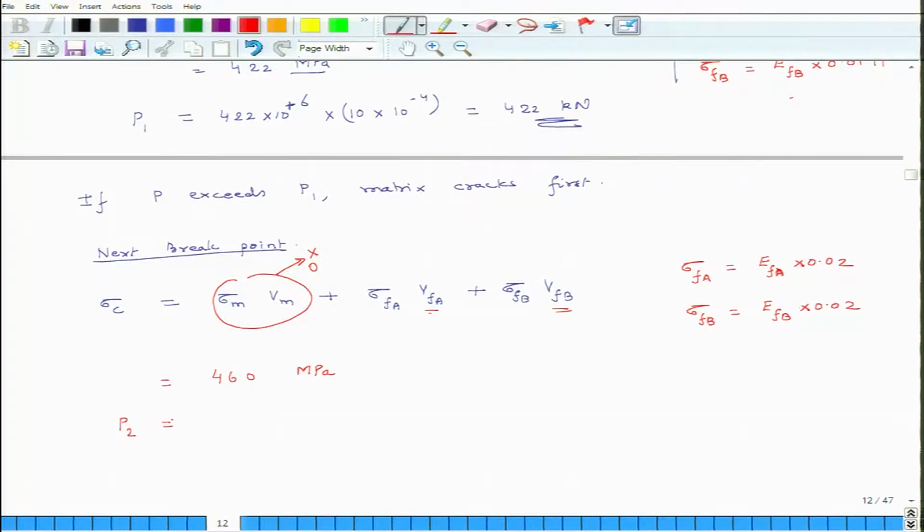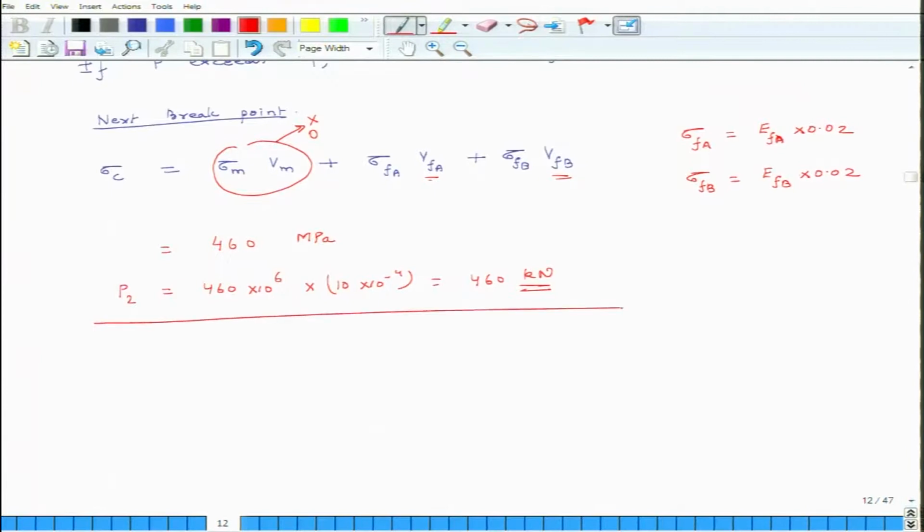is what? P2 is 460 into 10 to the power of 6 into 10 area. So, this is 460 kilonewtons. So, the next breaking will happen at 460 kilonewtons.